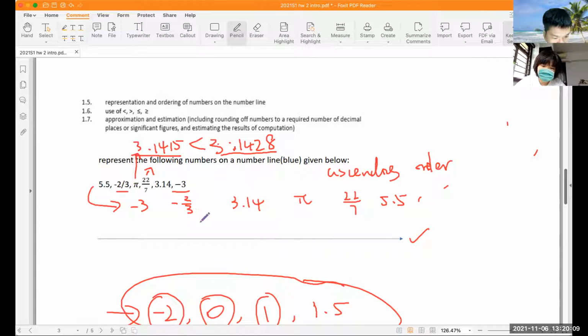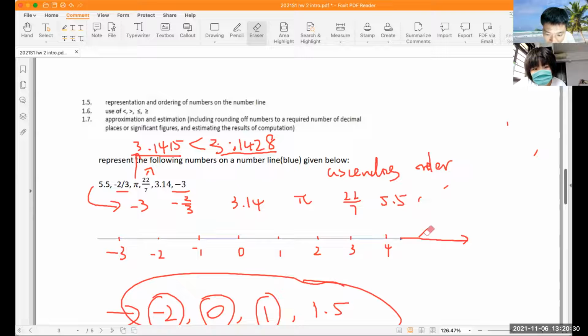I need to extend this line a bit, because I have 5.5, not 5.